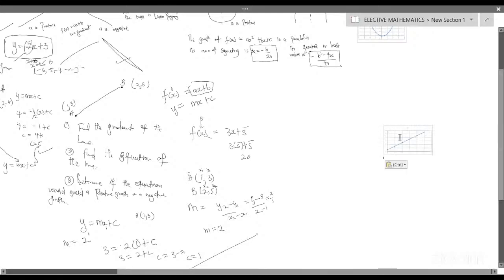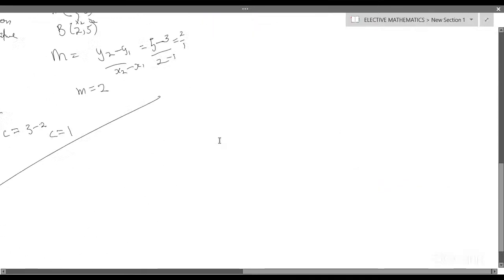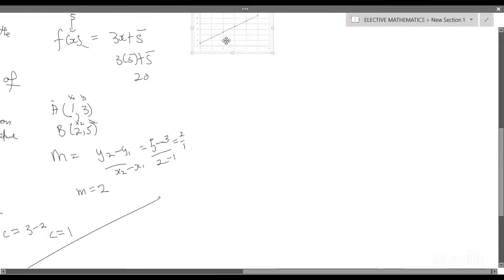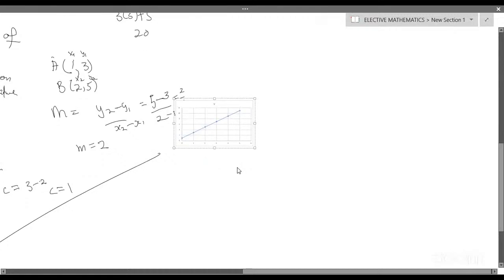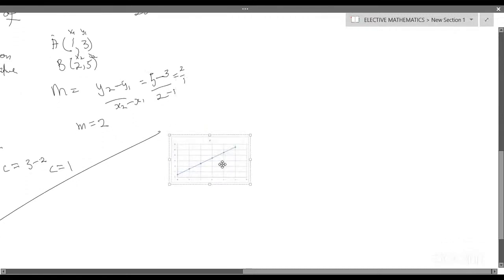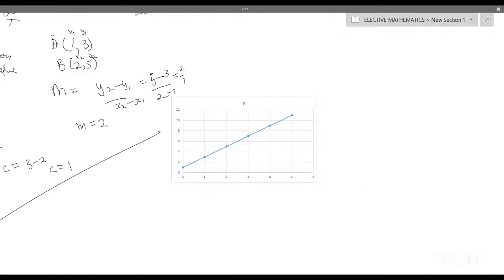So we have the linear function graph here too. This was the work we just did. Okay, let me copy the coordinates too.